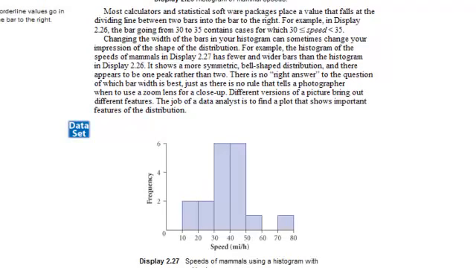Talking about the width of the bars, you can see here they changed the width of the bars to be every 10 miles per hour instead of every 5. We're going to discuss tomorrow in class some pros and cons, or advantages and disadvantages, of making the bars really narrow, which means the range of numbers is very small, and of making them wider, or the range of numbers larger.